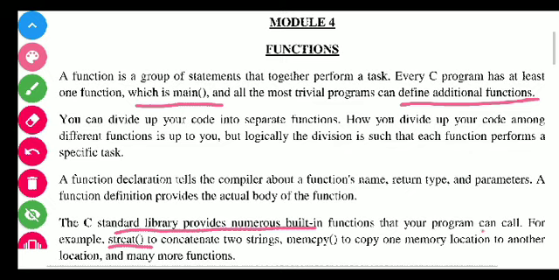The result will be applemango, which is concatenated. In the same way, if you want to know the memory location, you can use memcpy. Whatever locations you need, you have to put inside the brackets, and that will get the location.